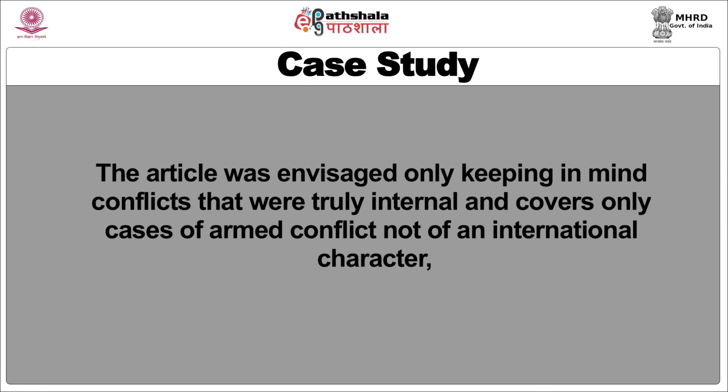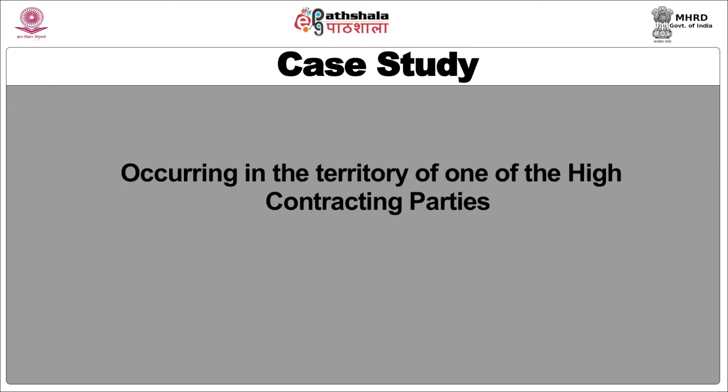The article was envisaged only keeping in mind conflicts that were truly internal and covers only cases of armed conflict not of an international character, not having a transnational character, occurring only in the territory of one of the high contracting parties. The interpretation disallows the law to apply in covering conflicts between a state and a transnational armed group or an internal armed conflict that transcends international borders to other states.